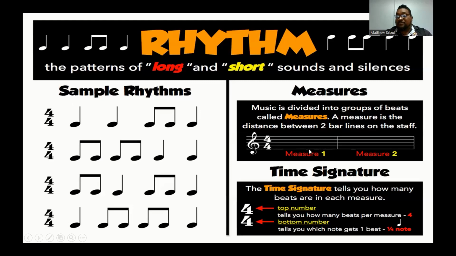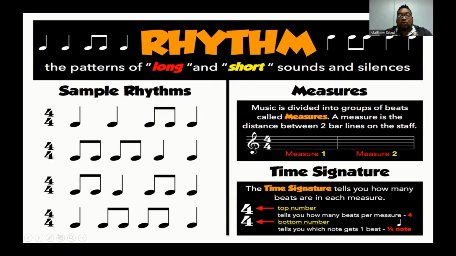So we have first line E, first space F, second line G, second space A, third line B, third space C, fourth line D, fourth space E, and fifth line, F.